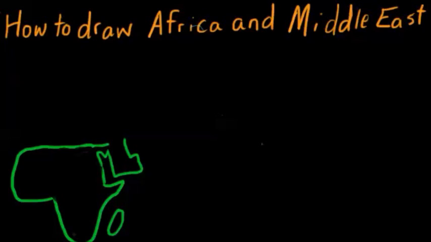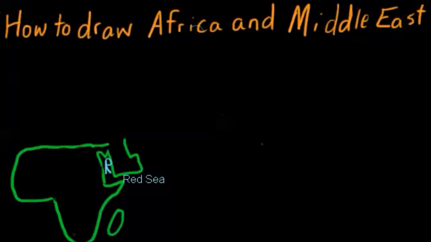Right, and the Red Sea is the body of water that's right here. It's this area. I'll write an R for Red Sea. Maybe I'll type it out. Okay, so that's the Red Sea.